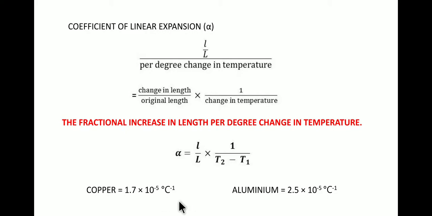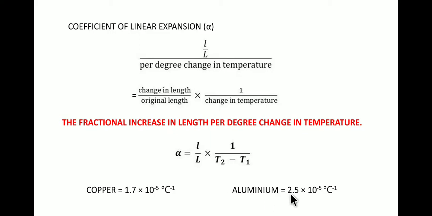This means that in every degree change in temperature, copper will increase by 1.7 into 10 to the power minus 5 for the given length. And for every degree rise in temperature, aluminium will increase by 2.5 into 10 to the power minus 5. So compared to aluminium and copper, which one will increase more? Aluminium.